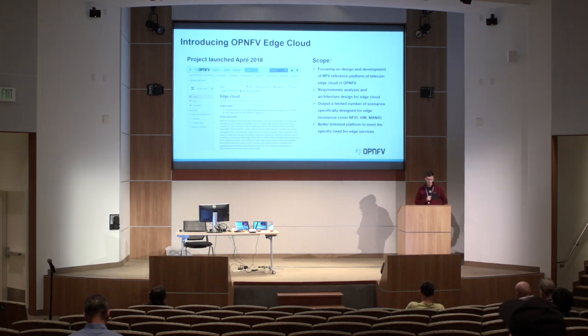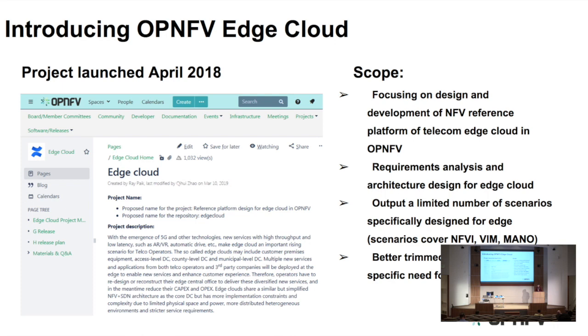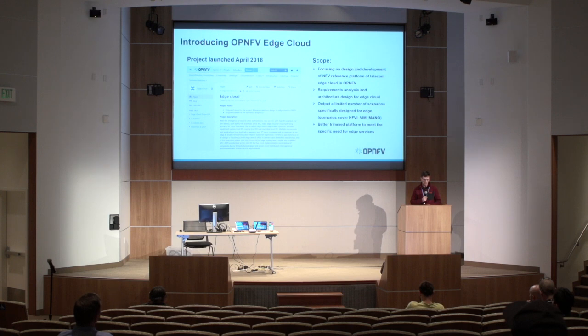And the initial scope was to really look at creating an NFV reference platform for telco Edge Cloud. That's what OPNFV is. An OPNFV release is a reference platform, an NFV reference platform. So we want to look at this project extending that to Edge Cloud, looking at the requirements specific to Edge Cloud, and creating scenarios.